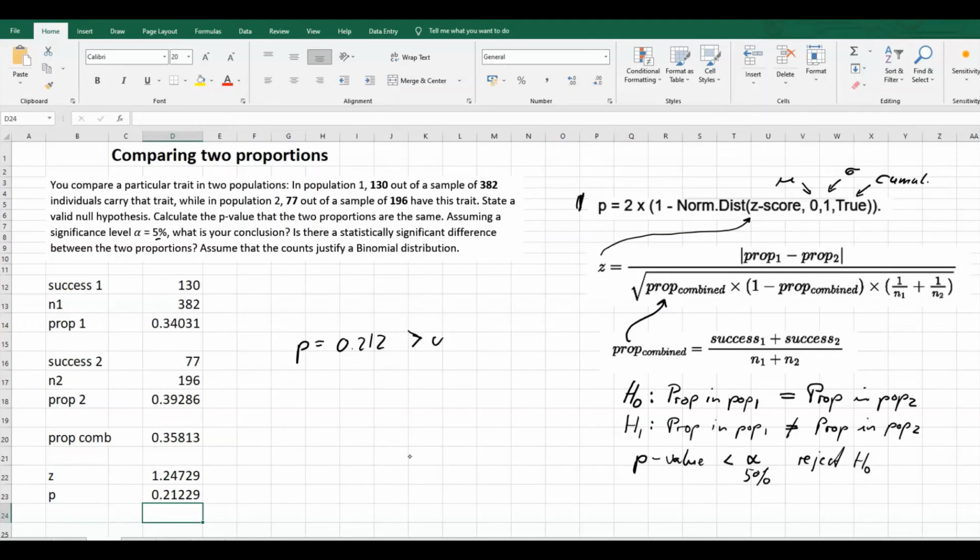We now compare our p-value that we just calculated with alpha, and we find that this p-value is certainly larger than alpha. Alpha was 0.05 or 5%, and therefore we cannot reject the null hypothesis. So we would fail to reject the null hypothesis. In other words, we would say that the difference in the proportion that we see is just due to sampling error.